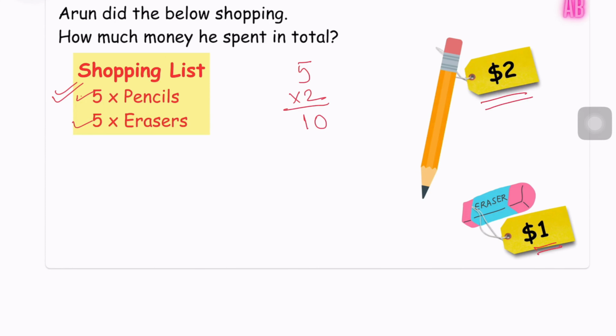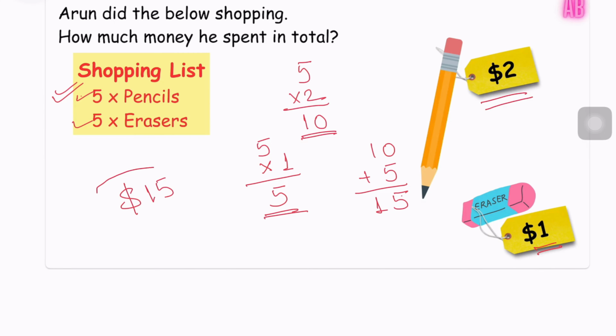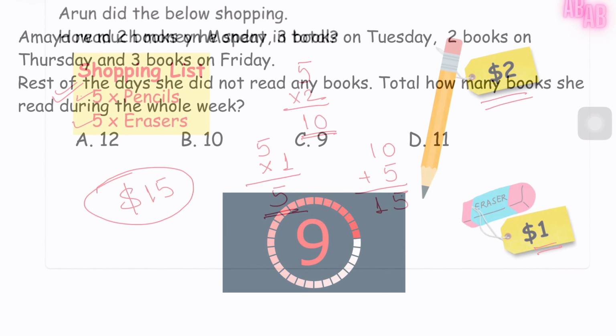One eraser is $1, and 5 erasers will be 5 times 1. 1 times 5 is what? 5 only. This is the price of pencils, and this is the price of erasers. To get the total money he spent, we will add 10 plus 5 is equal to $15. So in all he spent $15.